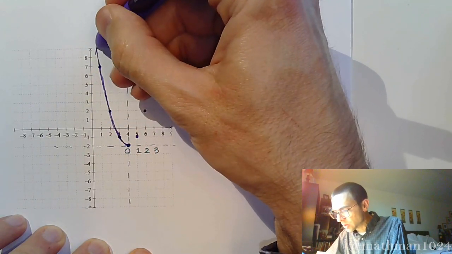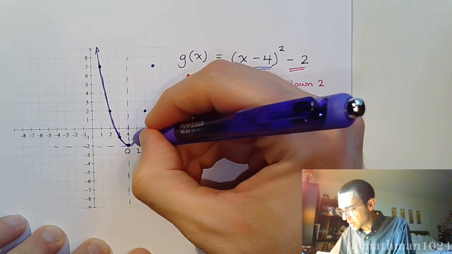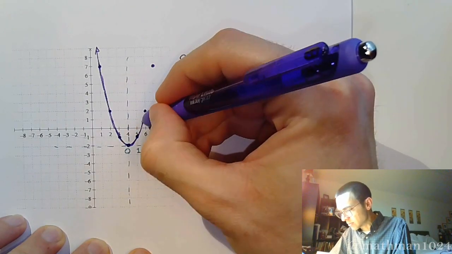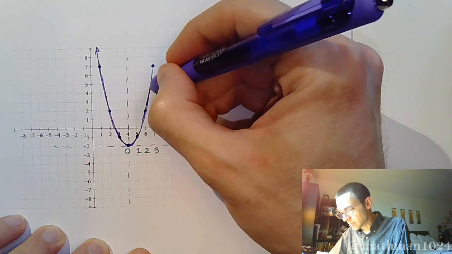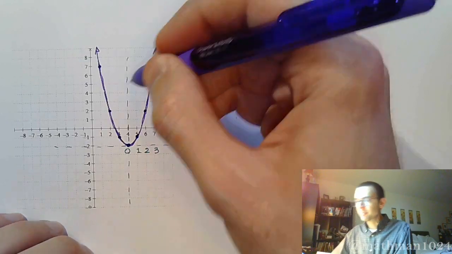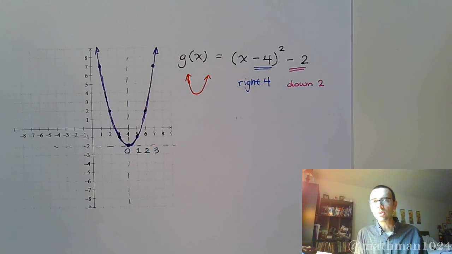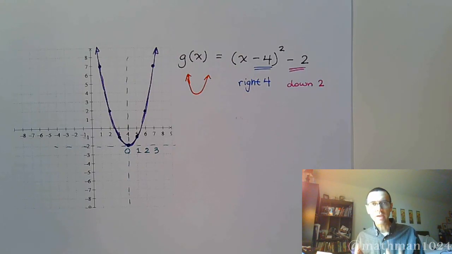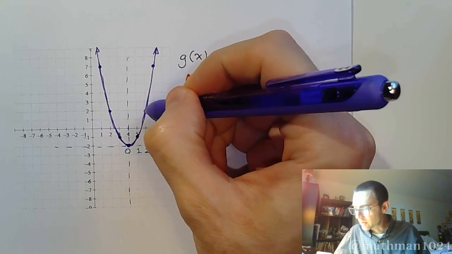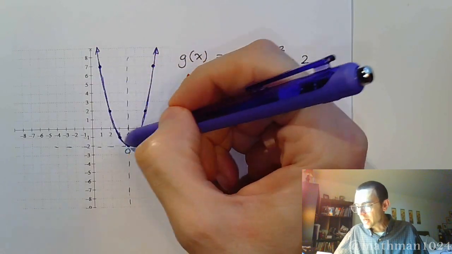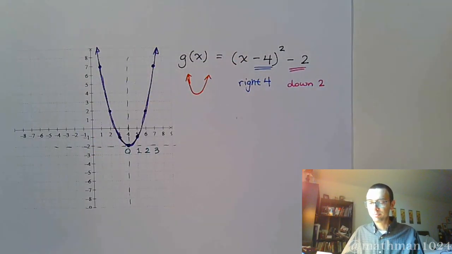You cannot use a straight edge here because this guy is curved. And there we go. So this is what I'm expecting you guys to do on your test. I'm expecting you to plot nice points, clearly define points like this, and draw a nice, smooth curve through it all.